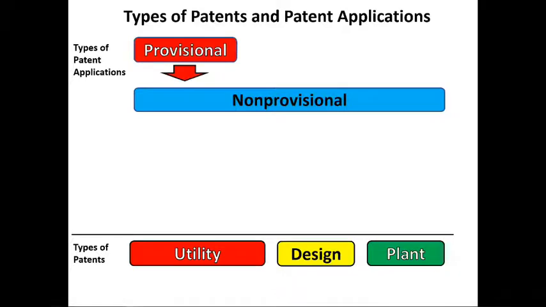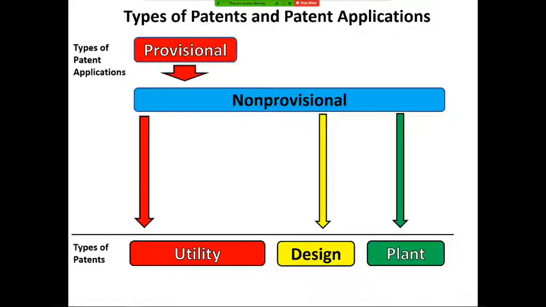Now, you don't have to have a provisional application. You can start with a non-provisional application. For design and plant patents, you must start with a non-provisional, and you hope that these non-provisional applications will lead you to an issued patent, utility, design or plant patent. But life isn't always so straightforward. There may be a time when the examiner looks at your non-provisional application and says, hey, you have more than one invention in this application, and we can only give you a patent for one invention.